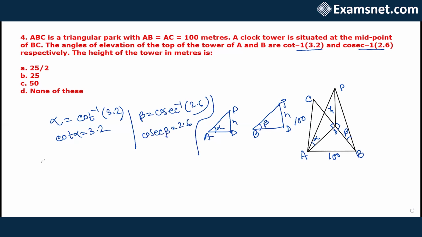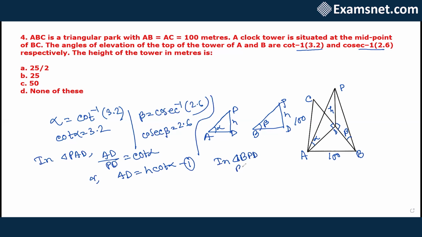Okay, so in triangle PAD, I can write AD by PD equals cot alpha, correct? So AD will give me the value of H cot alpha. Let me name it equation number 1. Same from triangle BPD, I can write BD by PD equals cot beta.